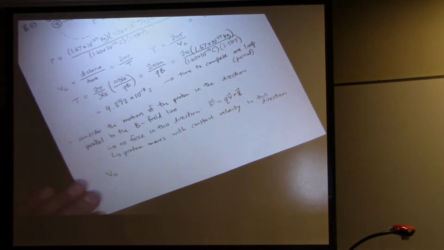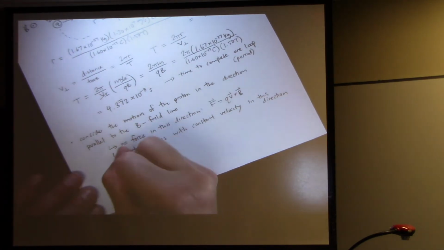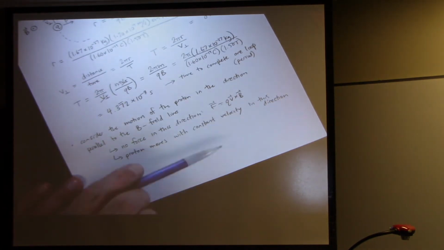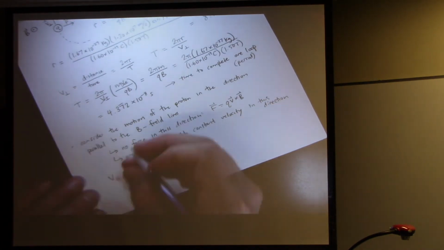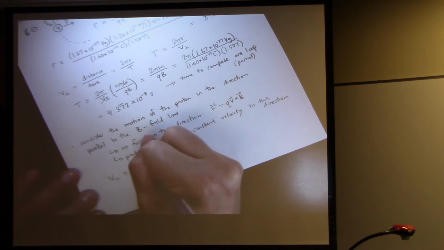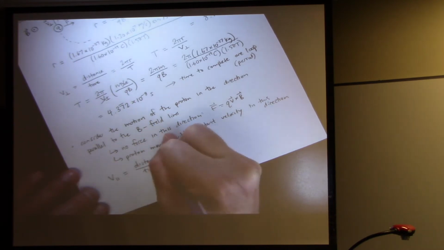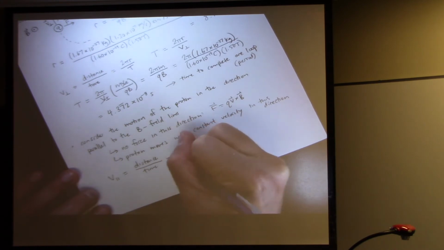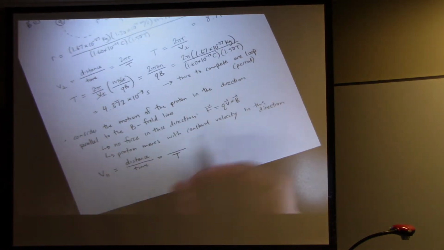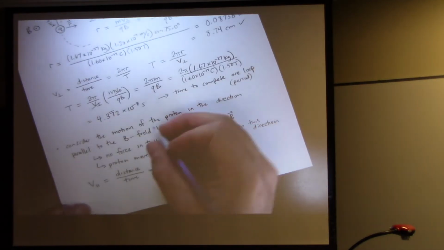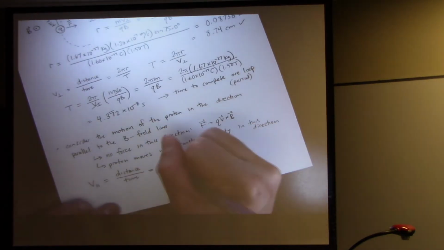Now we're going to think about V parallel. So how fast the proton is moving parallel to the B field lines. Let's just think about this as being a distance traveled divided by a time. And here, let's put on the bottom, for the time, the period. So that's the time it takes to complete one loop. How far does it travel parallel?